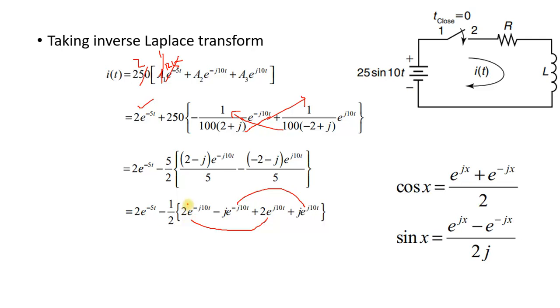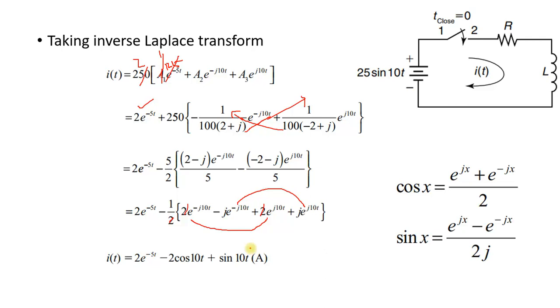take 2 outside, this 2 and this 2 will cancel with this 2. Therefore this term is replaced by 2 cos t. And similarly you take j outside, so e power jx minus e power minus jx, this j is going under, which is equal to minus j, so which is replaced by minus sin t.